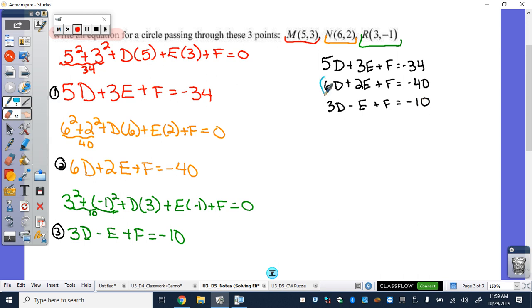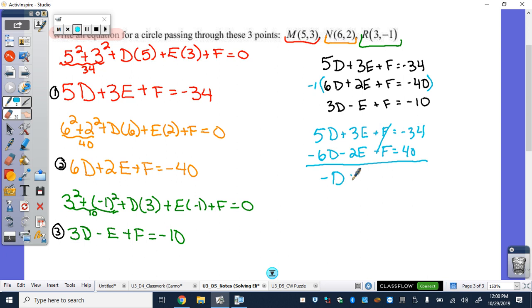So I'm going to multiply this second one here times negative 1, and I'm going to add it to my first one. That gives me negative d plus e equals 6. So that's not equation 5, that's equation 4. So there's my equation 4.